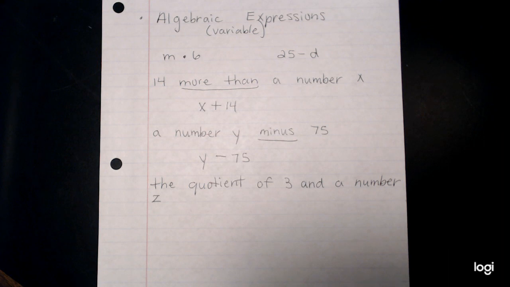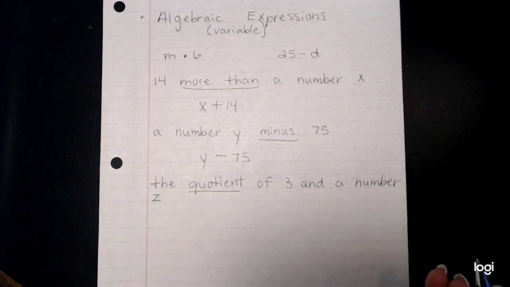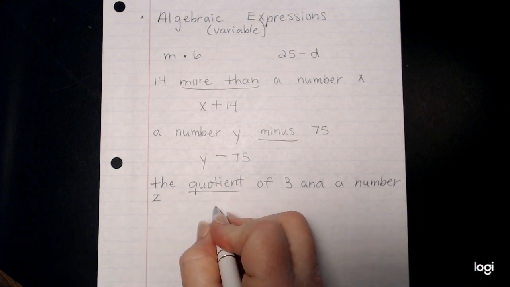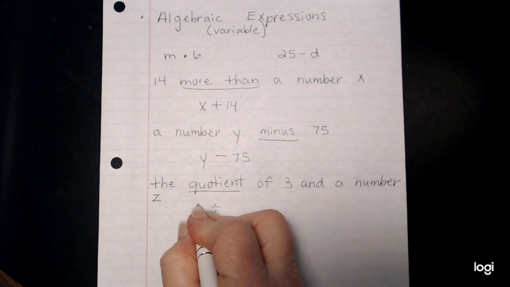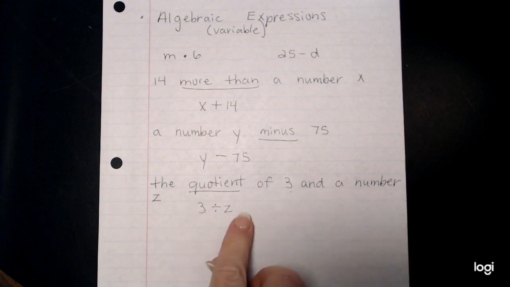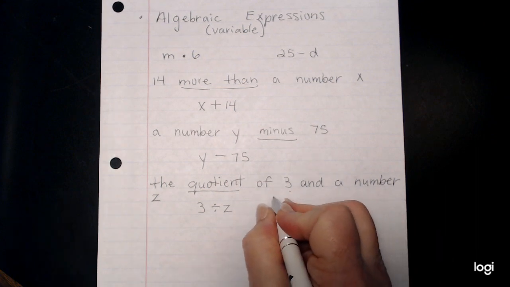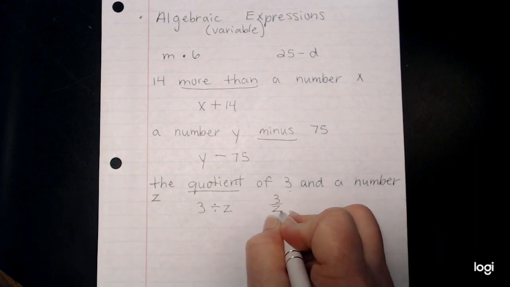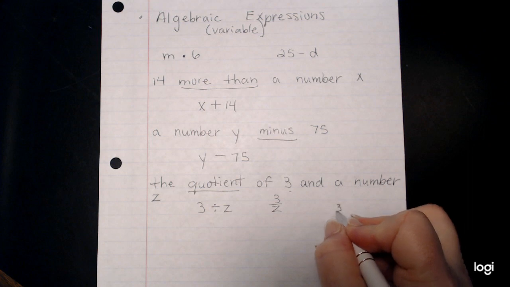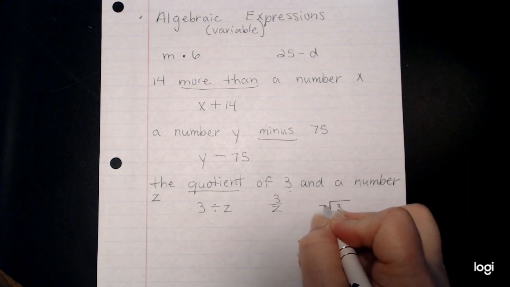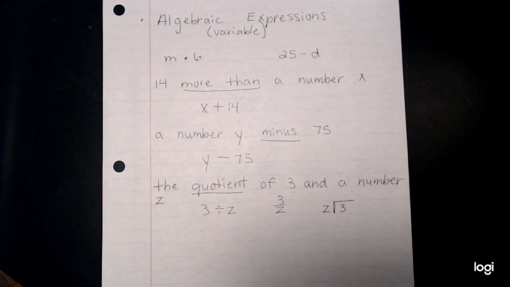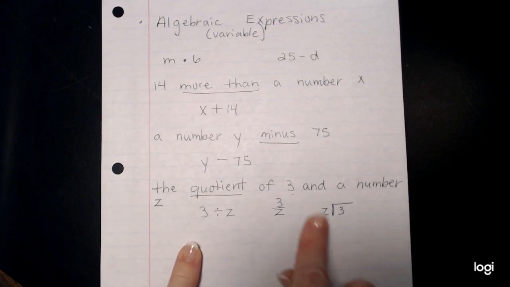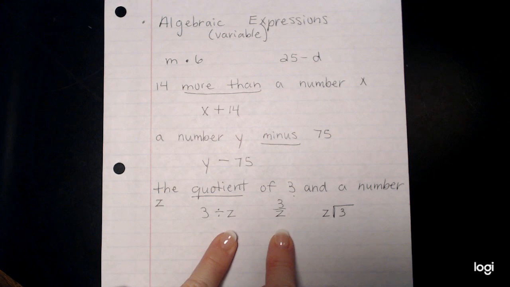So I'm dividing, let's see, quotient of 3 and a number z. 3 and z. Now you could have put it like this. I would have also accepted it like this. Or I know some of you did this yesterday in my math class, like this. All three say 3 divided by z. These are all algebraic expressions. Why? Because they have variables.